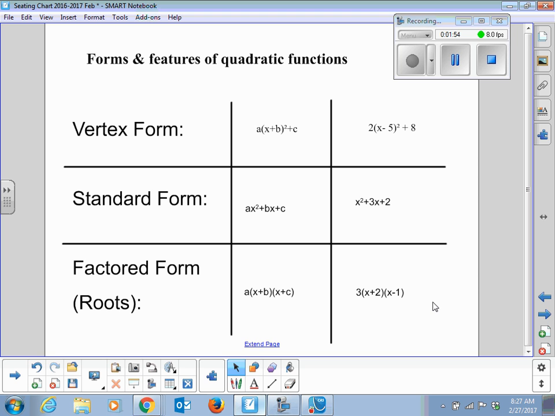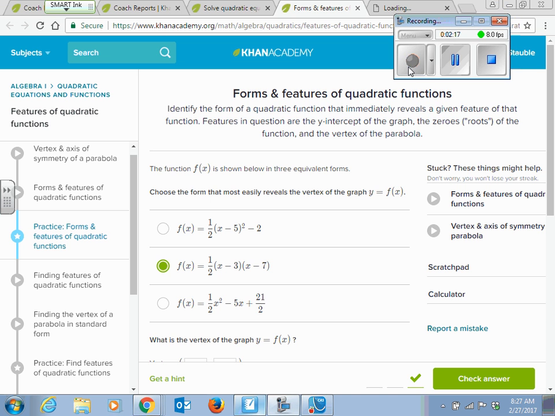If it's asking which one is easier to see the vertex, you're going to use vertex form. So that's when you have the squared and then the number added or subtracted afterwards. If it asks which one shows your y-intercept, that would be standard form because that last number is your y-intercept. So all of those things can help you with today's lesson.